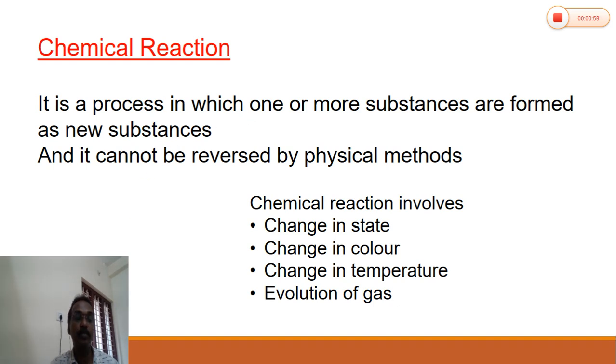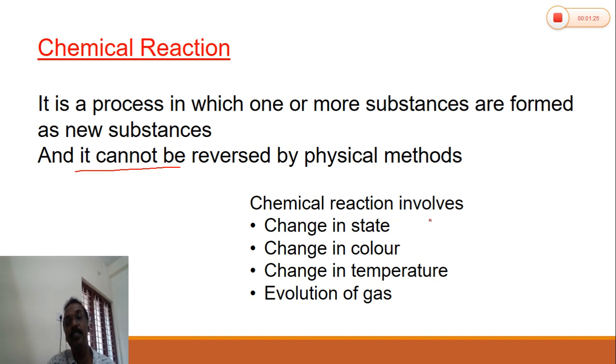That is, two or more substances combine to form new substances, and these new substances cannot be reversed by physical methods. Physical methods means filtration, distillation, magnetic separation, etc. We cannot reverse this reaction. Such changes are called chemical reactions.